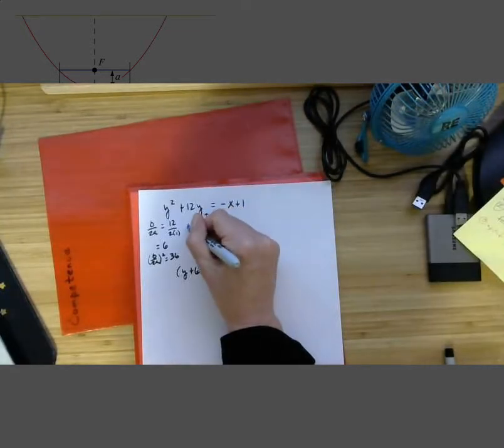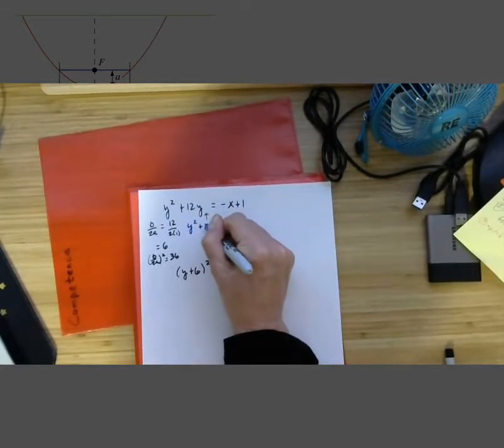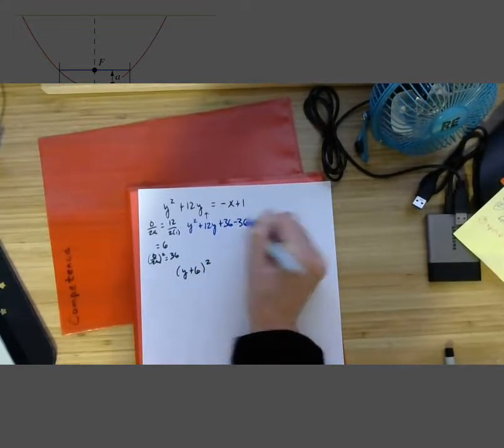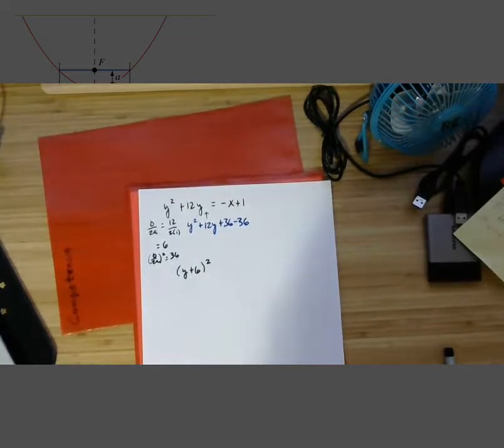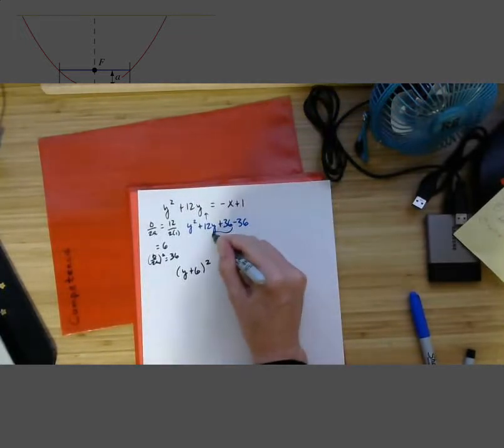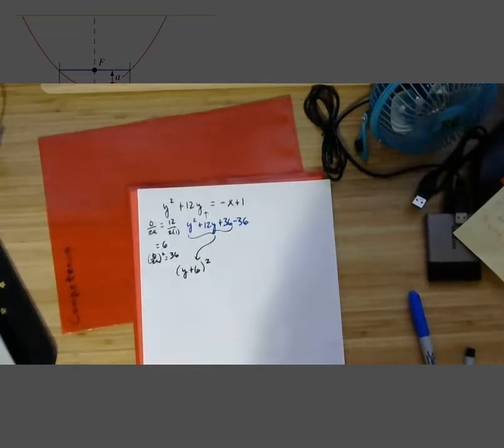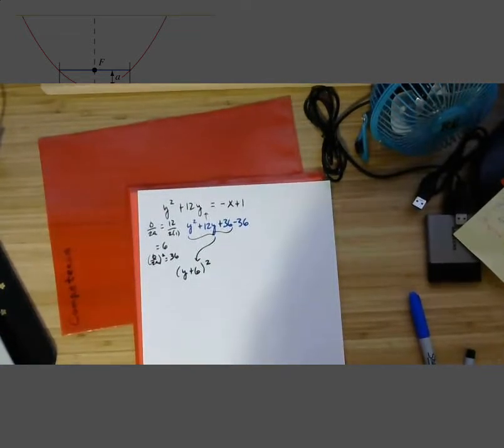So I'm going to have y squared plus 12y plus 36 minus 36. If I add 36 and subtract it, I haven't really changed the problem, although I have changed the way it looks. The first 3 with the plus 36 will always factor into that y plus 6.